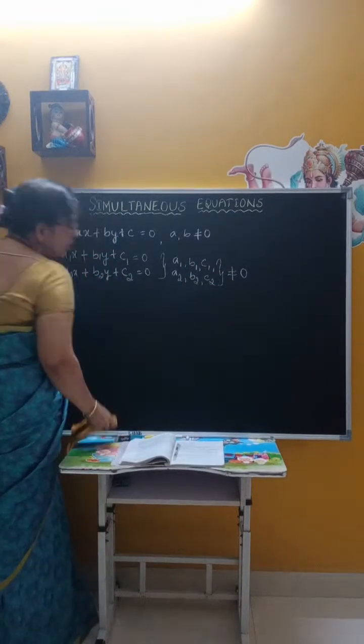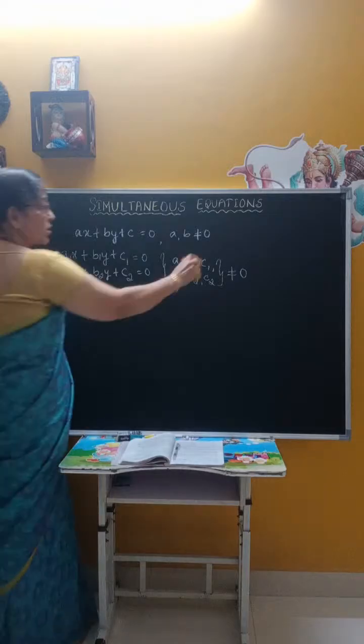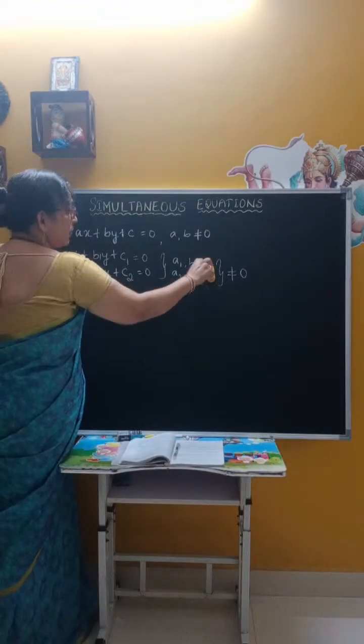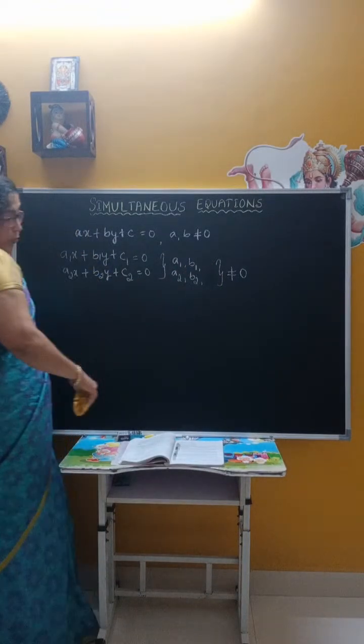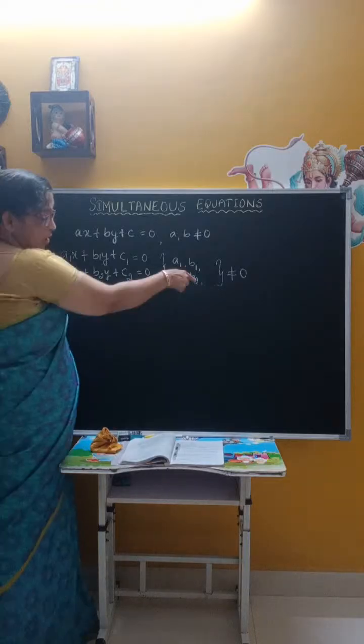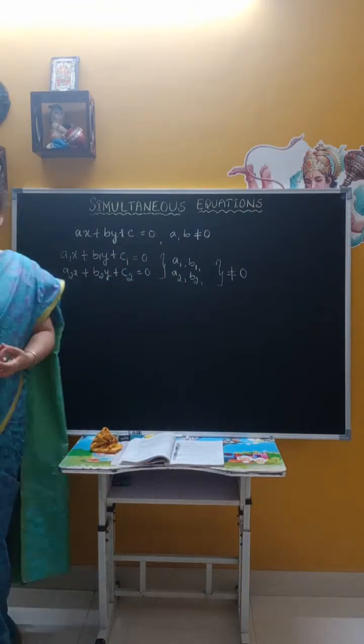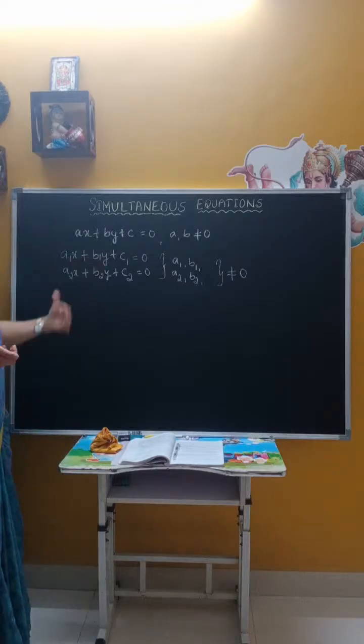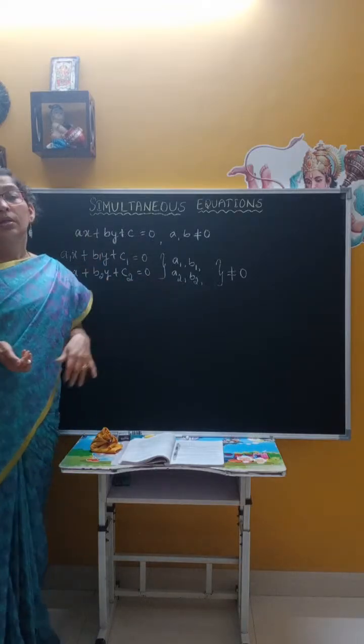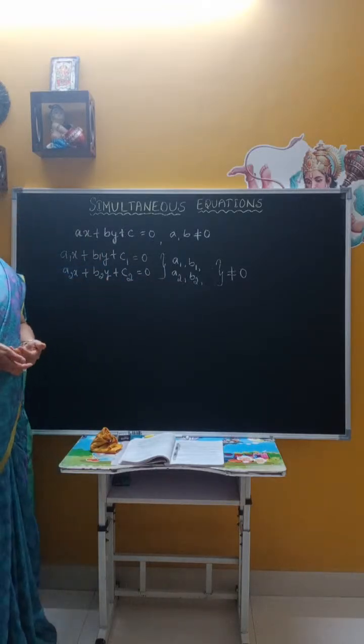Here c1 and c2 can be 0 because these are constants. All of a1, b1, c1, a2, b2, c2 are real numbers. Okay, this is about linear equations in two variables.